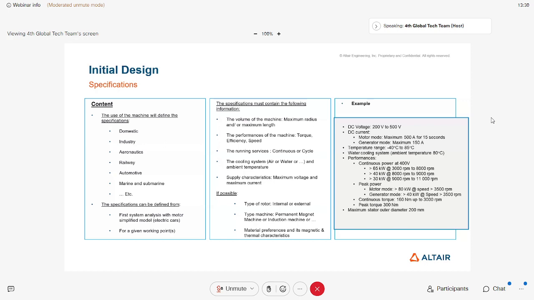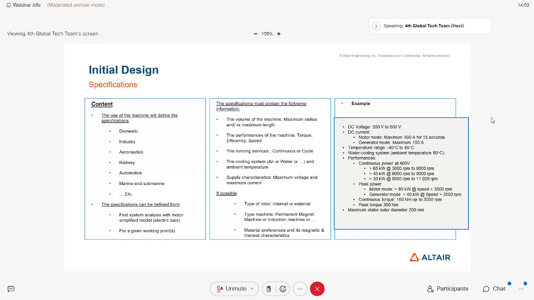Then something we need to know is the supply, the maximum voltage and the maximum current. Once again, if you have a supply that can provide 100 kilowatt, you cannot design a motor asking for 200 kilowatt. If possible, the type of the rotor: is it an internal or external rotor?